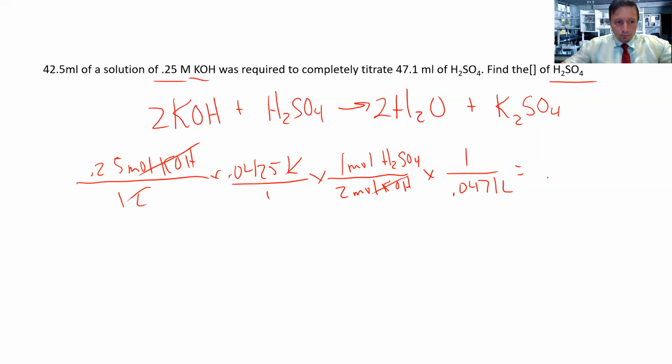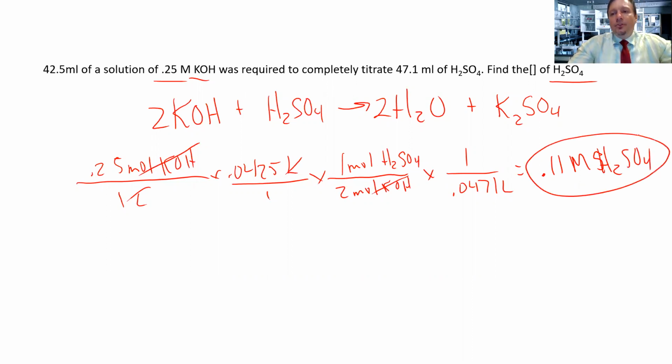So I should come up to 0.11 molar H2SO4. But there's a simpler way to do this, and this is using the dilution formula.